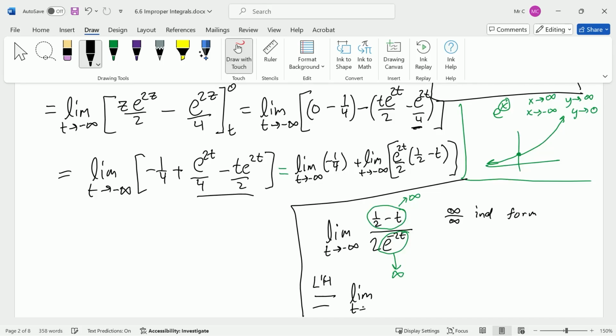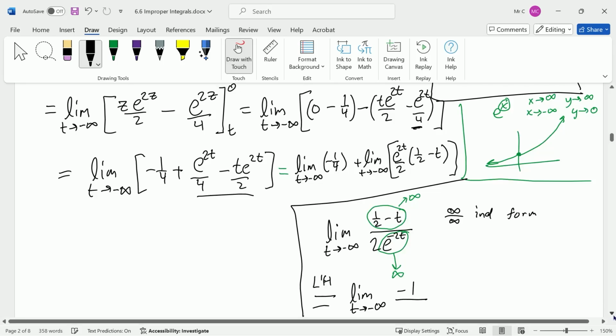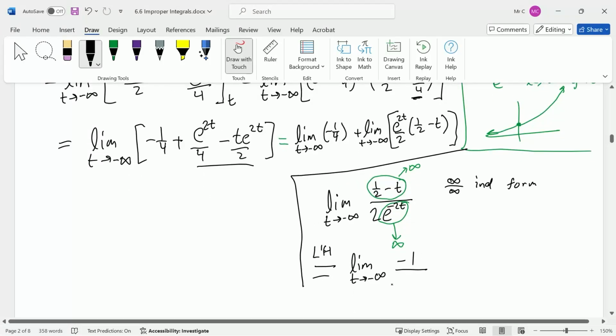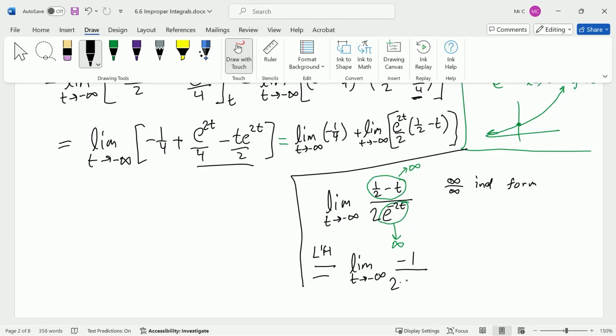And so we take the derivative of the numerator, which is -1, divided by the derivative of the denominator, which would be 2 times -2 e to the negative 2t. We just had to apply the chain rule there. Now, e to the negative 2t is still going to infinity.